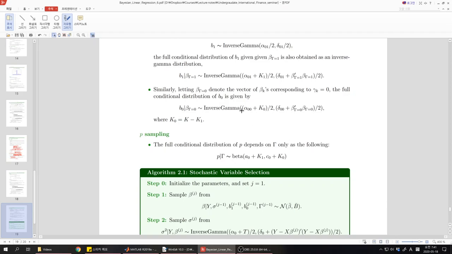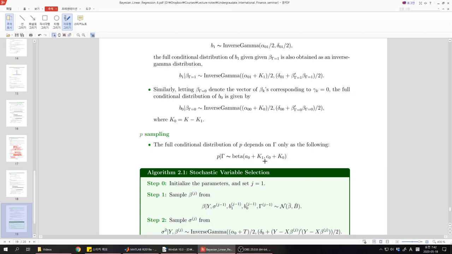Previously, in the example of coin tosses, the outcomes were also 1 or 0, right? And this is the same as before. The prior of p was a beta distribution, and its full conditional is also a beta distribution. So K1 is the number of ones, and K0 is the number of zeros. So p is simply generated from this beta distribution.